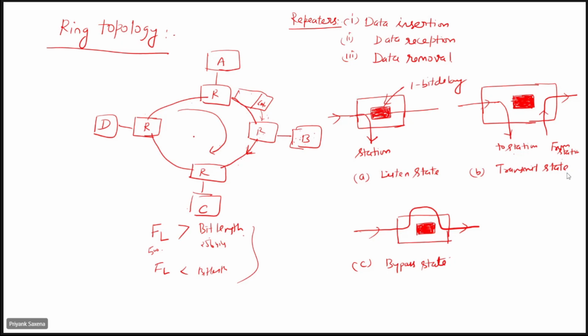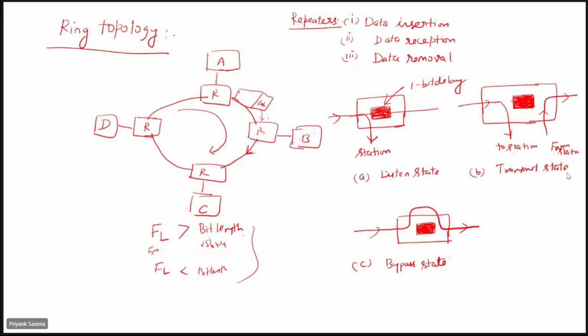Ring topology offers you that you can transfer data over a longer distance at a higher data rate, and your data integrity is also maintained. So it offers a greater throughput as compared to bus and tree topology and even star topology also.